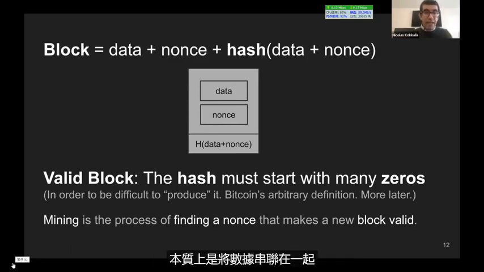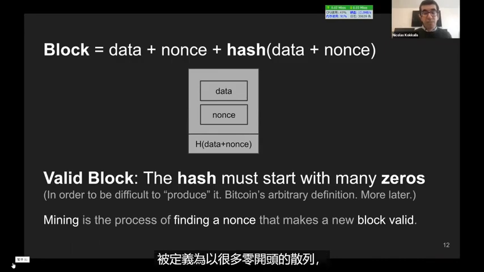And that hash is essentially concatenating the data with a nonce, which is a number that the node producing the block is able to change arbitrarily. They actually change it thousands or millions of times per second until they find a hash that makes the block valid.